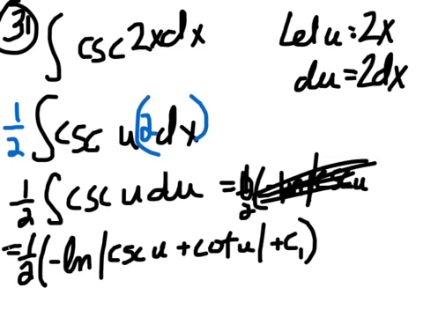So that is equal to, putting stuff back in, a half times, and all we have to do now is distribute the half and replace the u with the 2x.